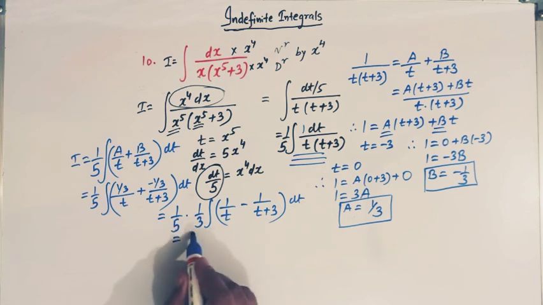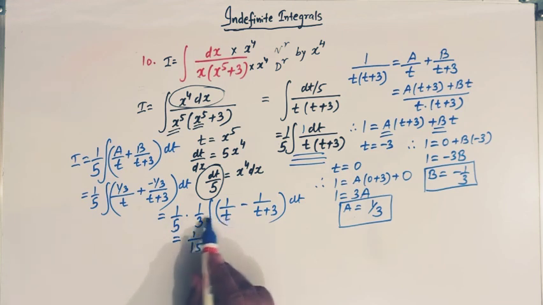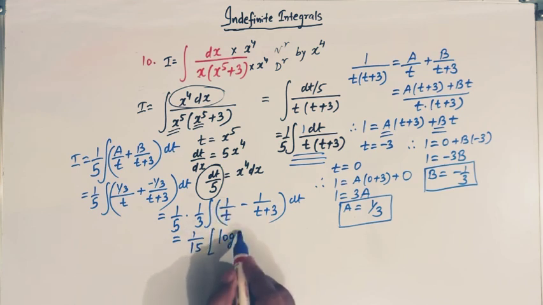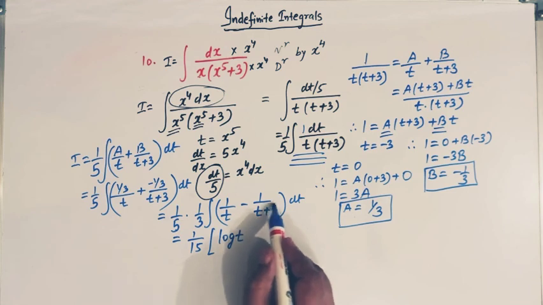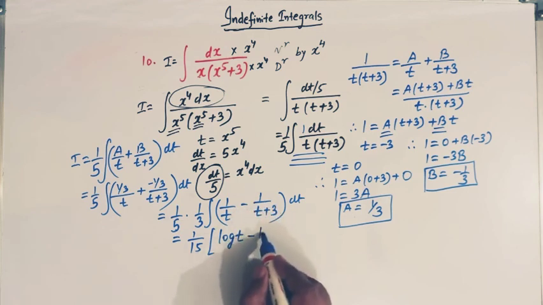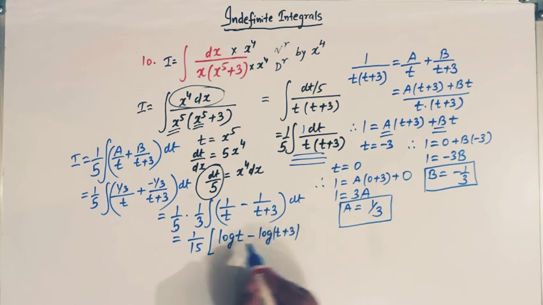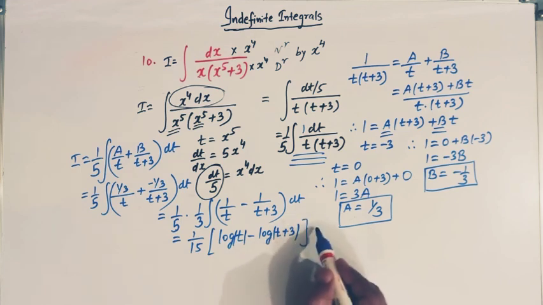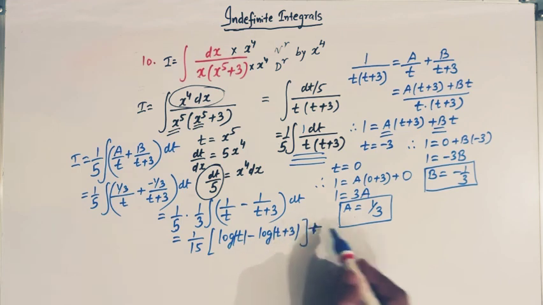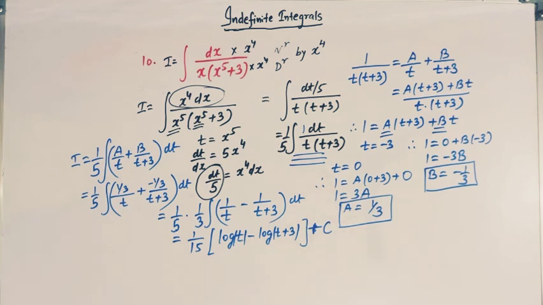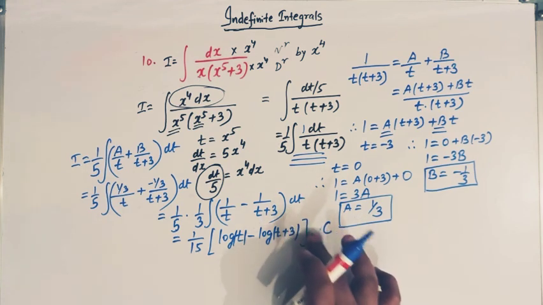So this becomes 1 over 15, and the integral of 1 over t is log t, and the integral of 1 over t plus 3 is log of t plus 3, right? So here we can write the modulus sign, and then we have the constant of integration, right?